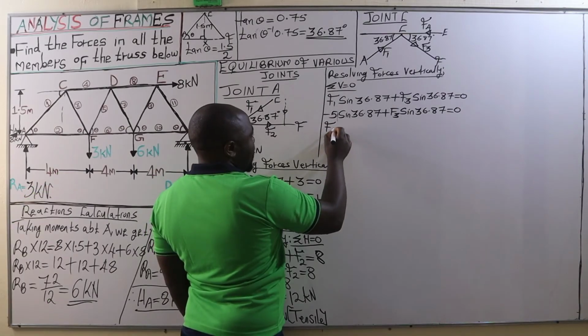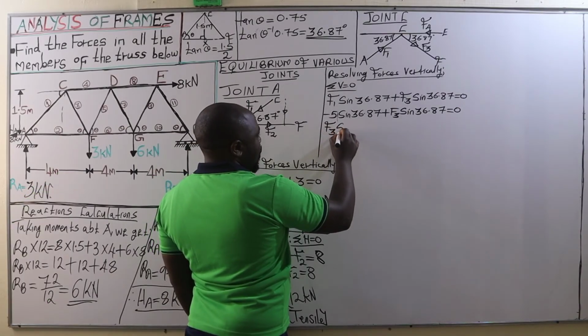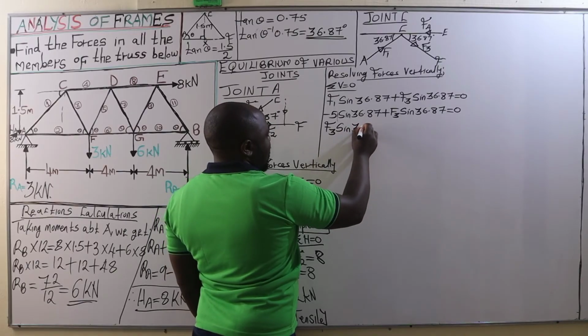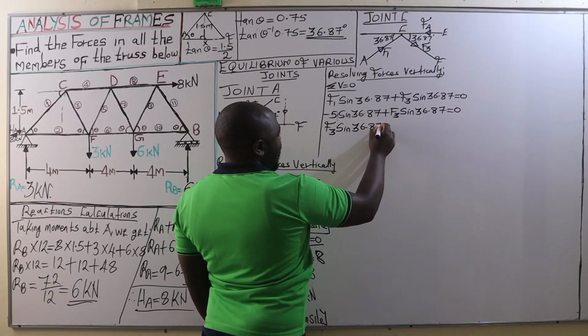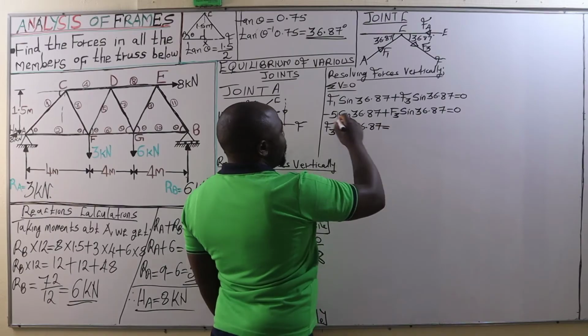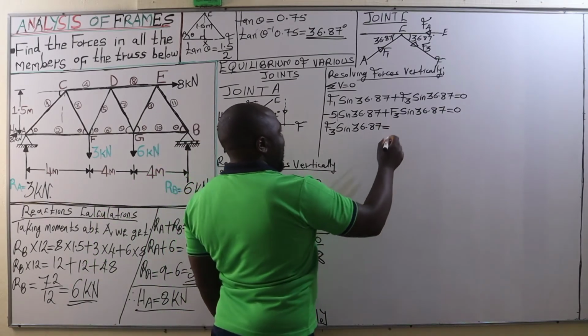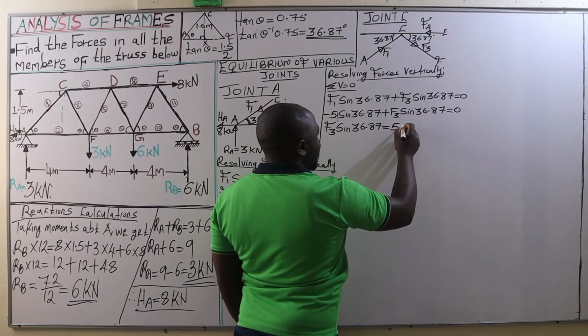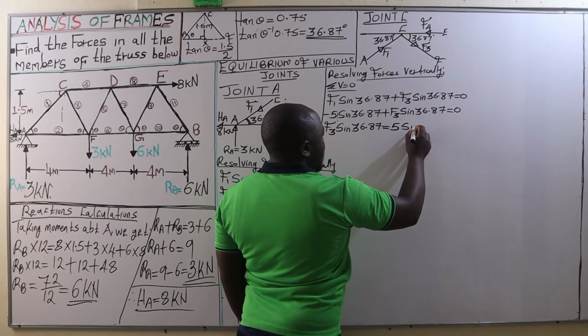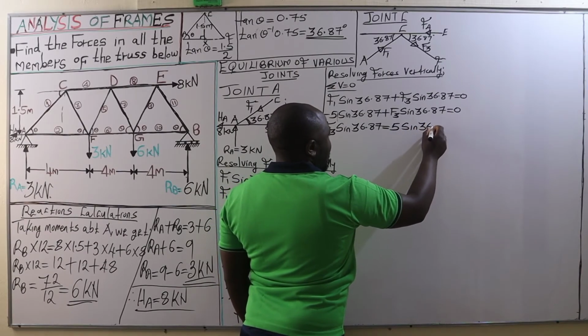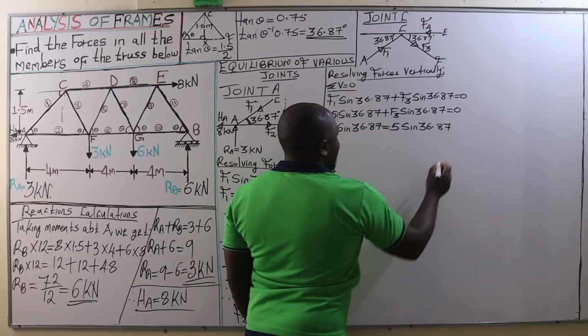We are going to have F3 sine 36.87, which will be equal to, the negative sign will change automatically to positive, therefore it will be equal to 5 multiplied by the sine of 36.87.